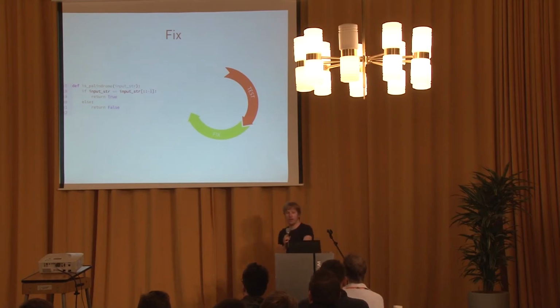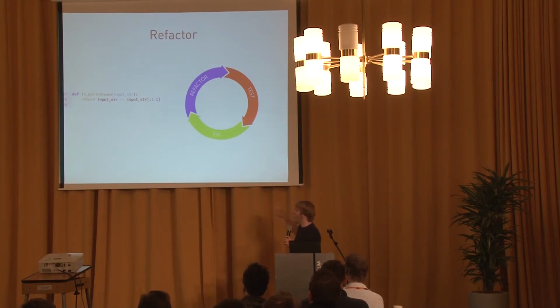And now another important step comes, which is sometimes forgotten, but it's really important. It's the refactor step. As I said, you always try in test-driven development to make tests pass as fast as possible, which is a good thing because you don't have to think a lot. You just try to make it pass. And the refactor step is the step where you step back a bit and think about how could I refactor that code?